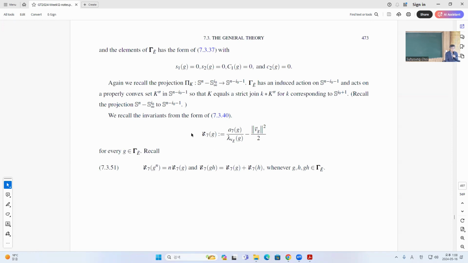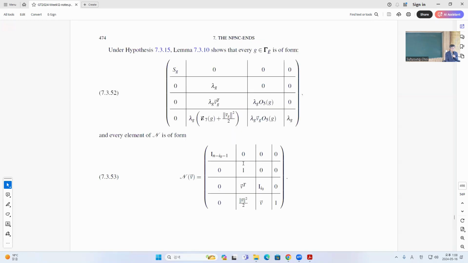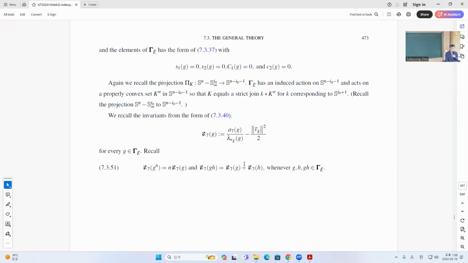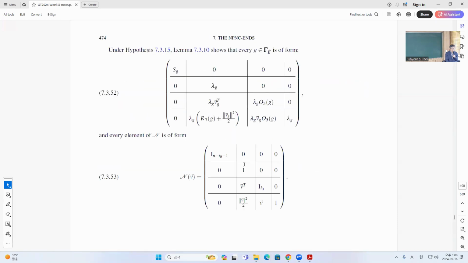So we also recall this step, this LF7, which is just A7 minus these values like these. Okay, and they satisfy this property from the 7.340, and so every SG will now be of this form.